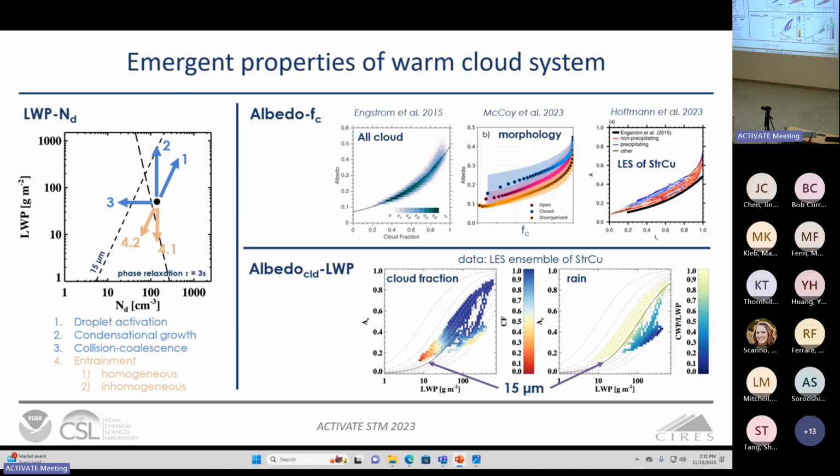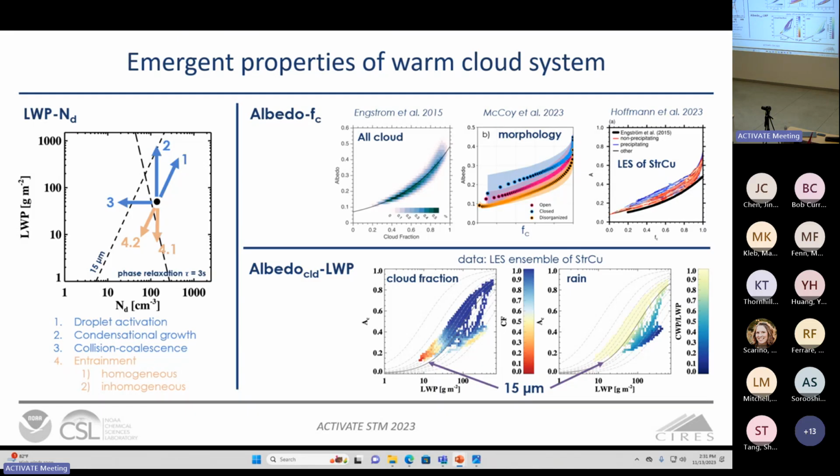For example, droplet activation, if you go along this arrow following the same effective radius isoline, then the condensational growth direction, and the direction of collision-coalescence, where you have droplets collecting into bigger droplets, and you see a decrease in number with a fixed liquid path.